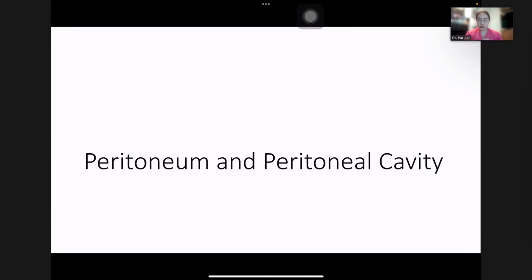Your peritoneum is a continuous, glistening, slippery, transparent serous membrane. It lines the abdominopelvic cavity and invests the viscera.